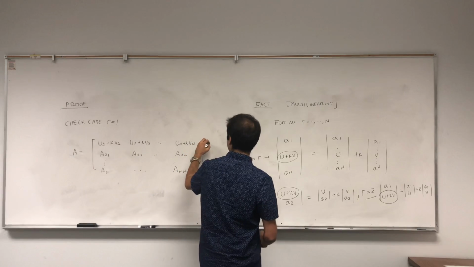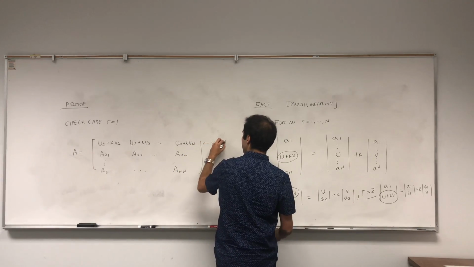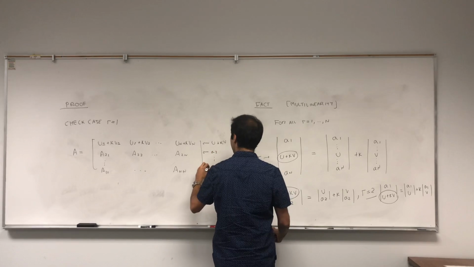Again, this is the matrix with rows u plus kv, A2 up to AN.